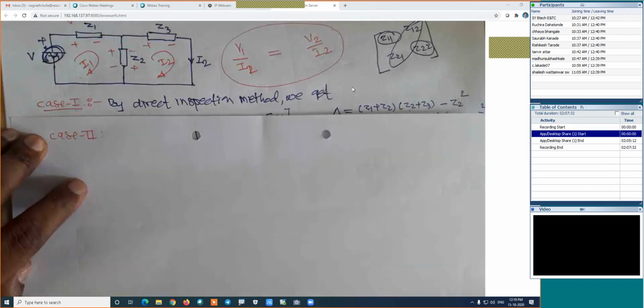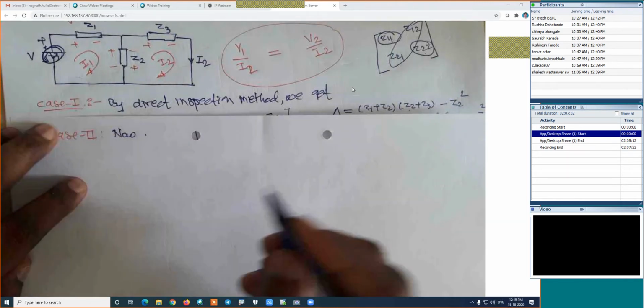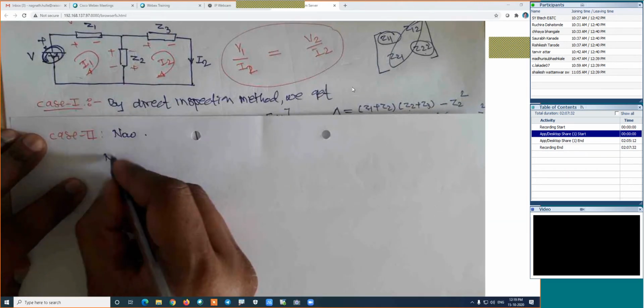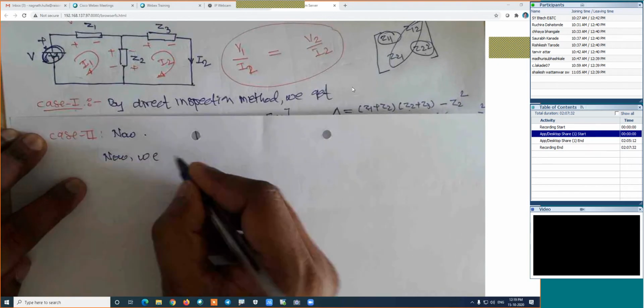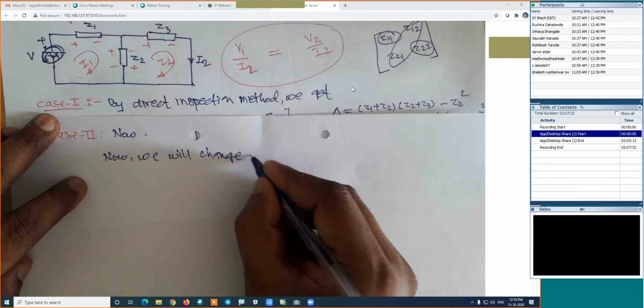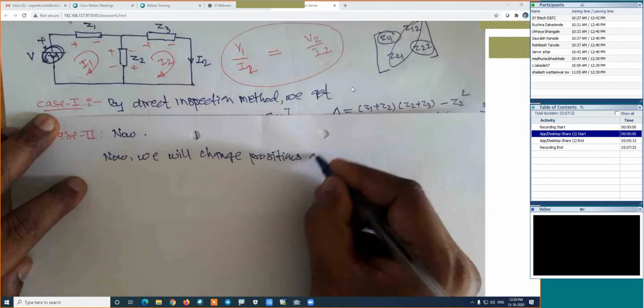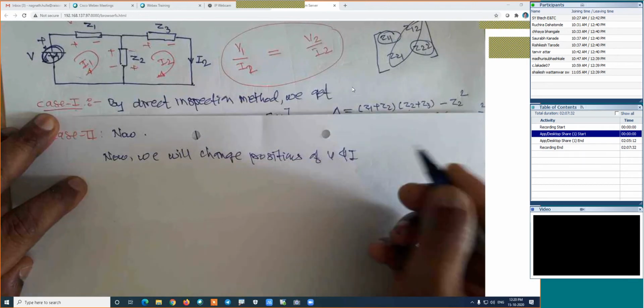Now we will change the positions of V and I.